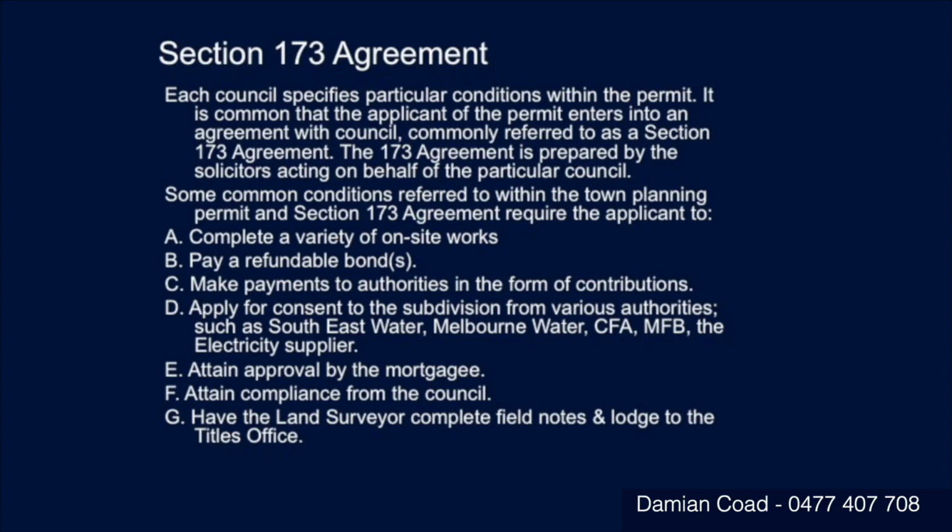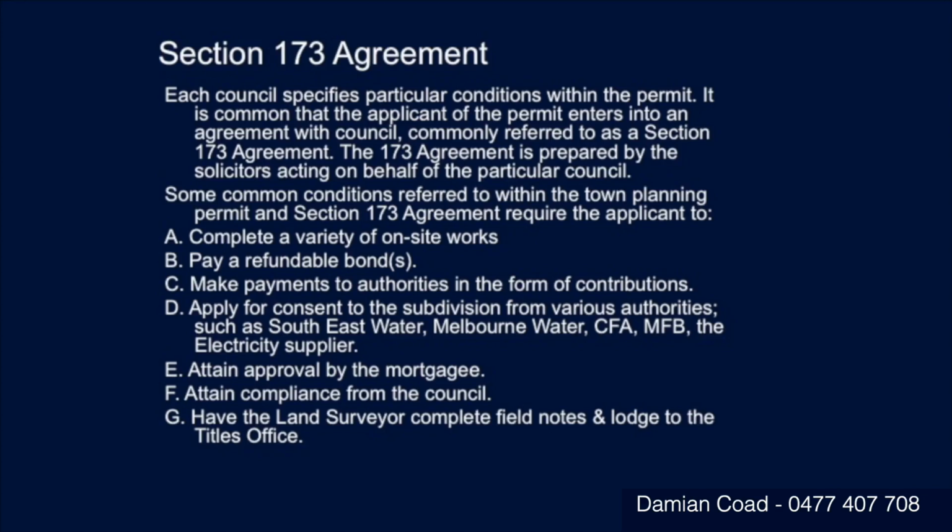The Section 173 or S173 is prepared by council's legal representative and is then provided to council, who will forward this on to the landowner. The registered title landowner will need to sign this document before sending it to his or her mortgagee, if that's applicable. Once the mortgagee has signed, the document will return to council for consent.